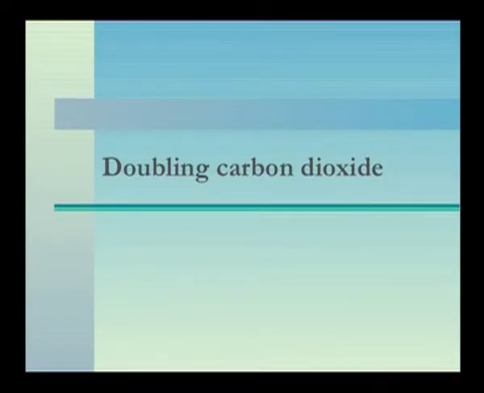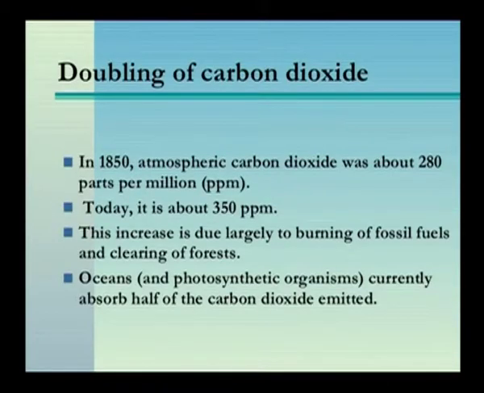Doubling carbon dioxide. In 1850, atmospheric carbon dioxide was about 280 parts per million, or ppm. Today it's about 350 ppm, and this itself was in 2000. So now, nearly 16 years later, it could be much more. This increase is largely due to burning of fossil fuels and clearing of forests for human needs.